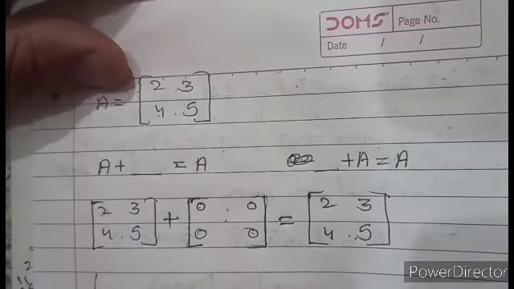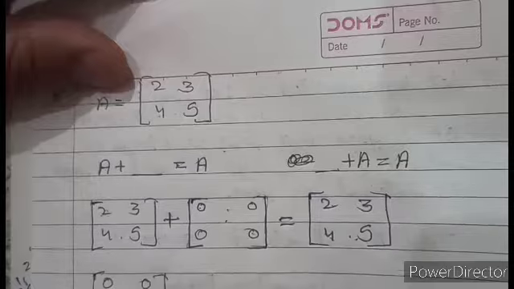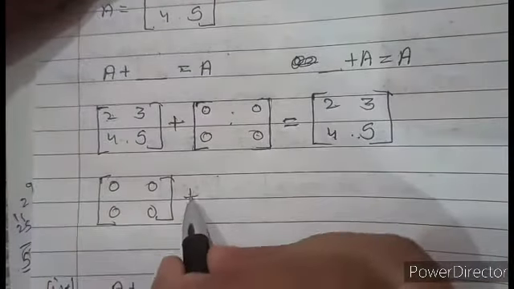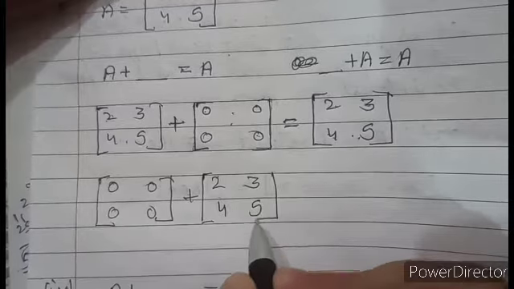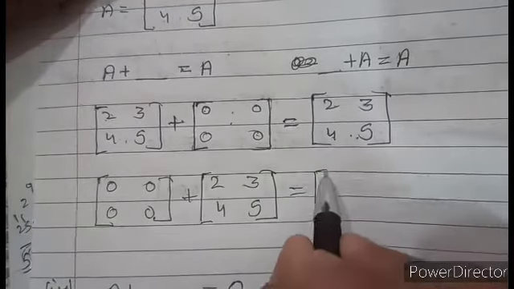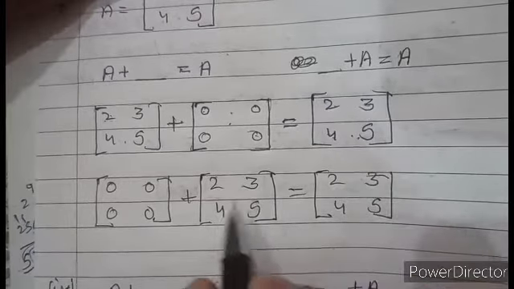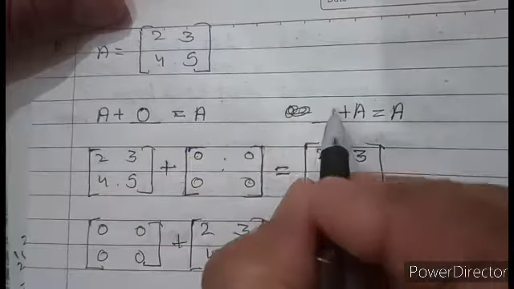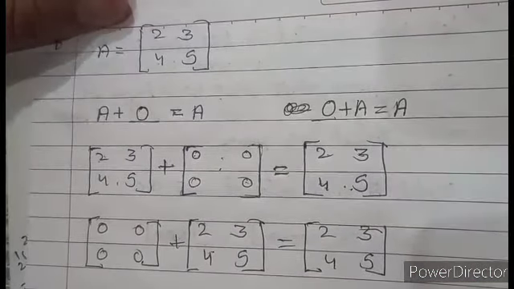Conversely, we can say that if we add the 0 matrix to matrix A, that is 2, 3, 4, 5, we will get the result 2, 3, 4, 5, and that is matrix A again. That means the 0 matrix is the additive identity of a matrix.